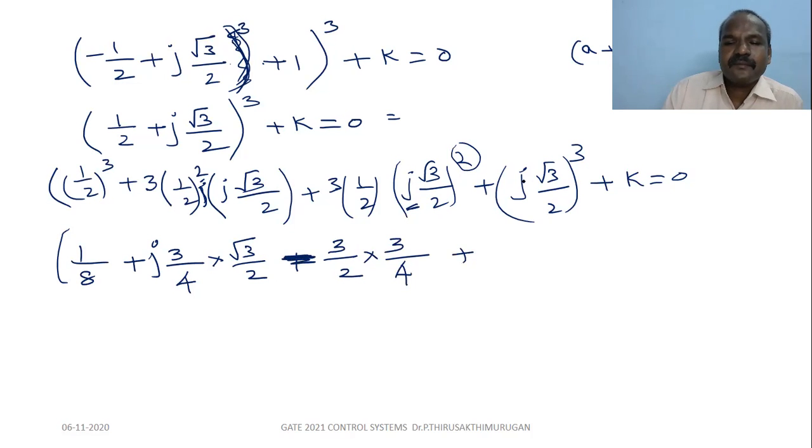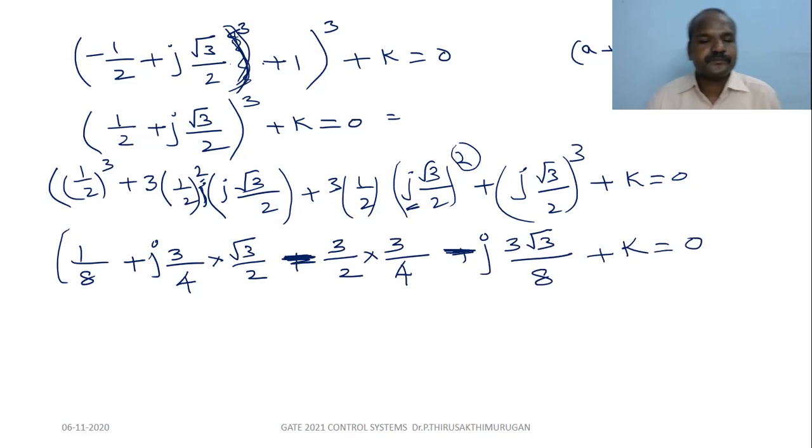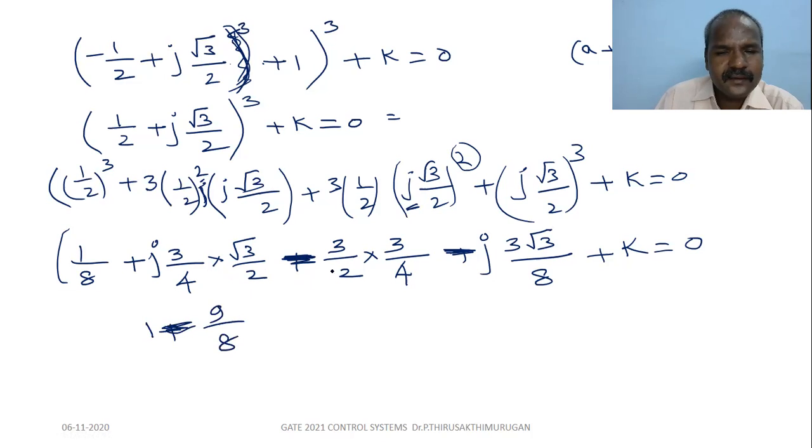So minus 9 by 8. Again the last term, minus j, root 3 cube is 3 root 3, so minus j 3 root 3 by 8, plus k equal to 0. So everything has denominator 8. So real terms we can add: 1 by 8 minus 9 by 8.